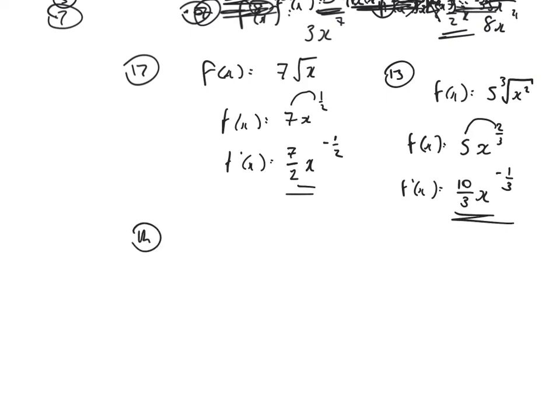Example 14. And I've got f of x equals 4 over the 5th root of x to the 6. Okay, so just progressively getting a bit trickier now. So first of all, get rid of the root sign, and that'll be 4 over x to the 6/5.